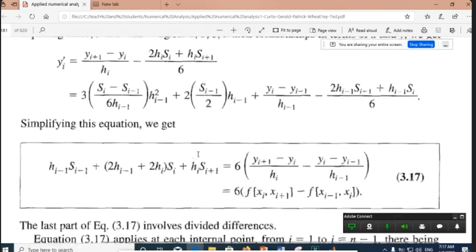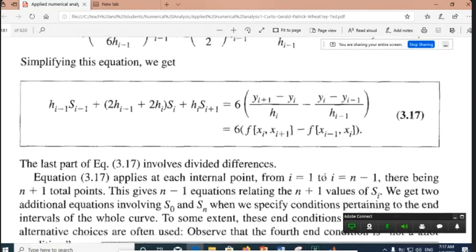By simplifying this equation, we get this very important equation in this box. The last part of that is the divided differences between consecutive points x_i, x_{i+1}.